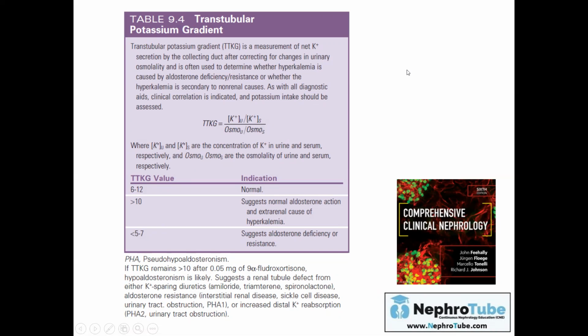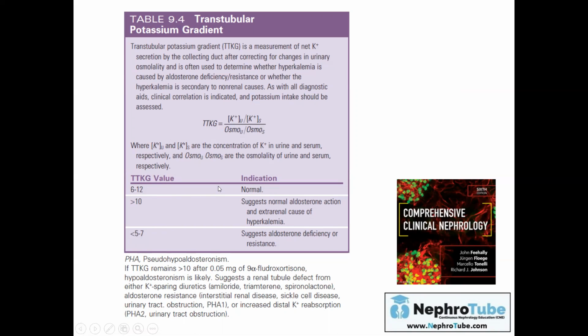Whatever the equation, the main idea for the transtubular potassium gradient is to diagnose whether the hyperkalemia is due to an aldosterone action defect or not. Normally, after you make the equation, the gradient is between 6 and 12.